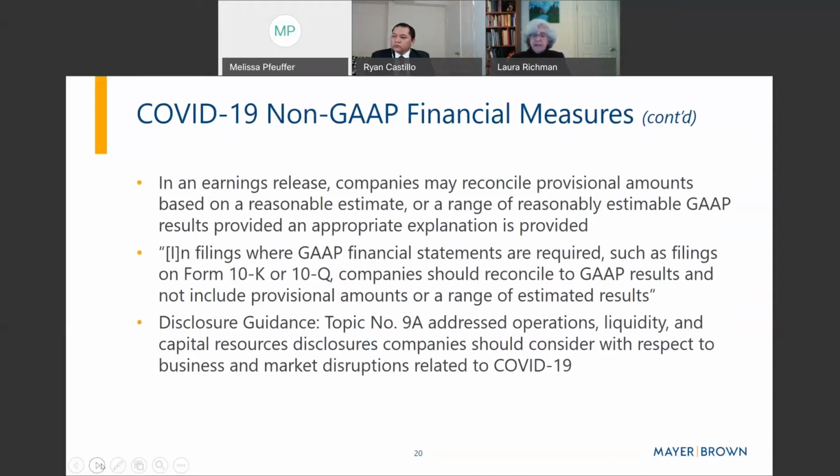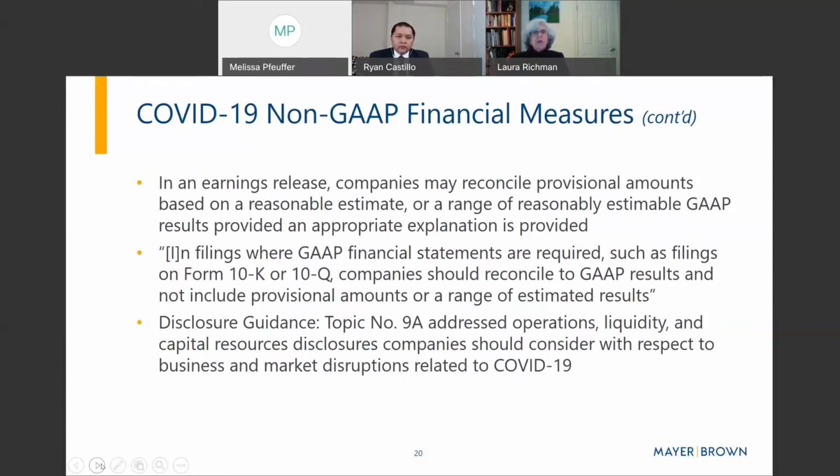Topic 19 specified that in circumstances where a company presents non-GAAP financial measures reconciled to provisional amounts or an estimated range, they should include only non-GAAP financial measures that it's actually using to report financial results to the board. So when reconciling, companies should explain to the extent practicable why the line item or accounting is not complete and what additional information or analysis may be needed.